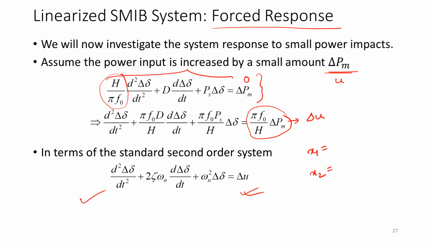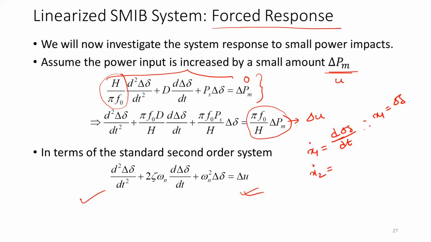What will be your x1? d delta by dt? That will be x1 dot. Therefore, my x1 will be simply del delta. What about x2? Or let's keep it, what will be x2 dot?